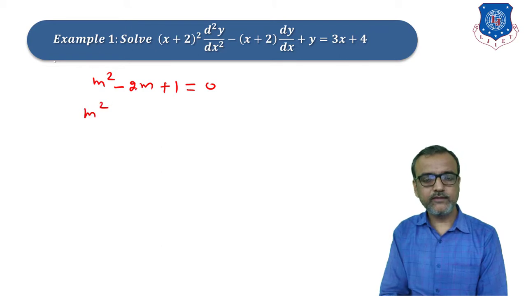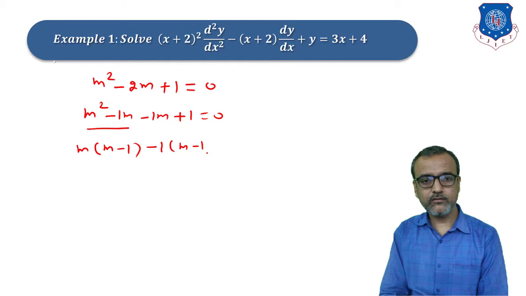m square will be as it is. Now splitting minus 2m as minus 1m, minus 1m, plus 1 will be as it is. Now taking m common, so in the bracket we have m minus 1. Now taking minus 1 common, so in the bracket we have m minus 1, that is equal to 0.